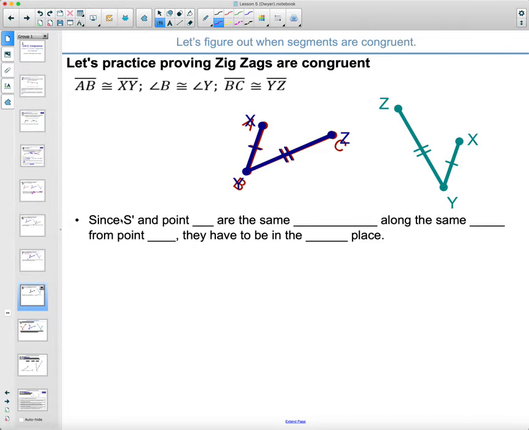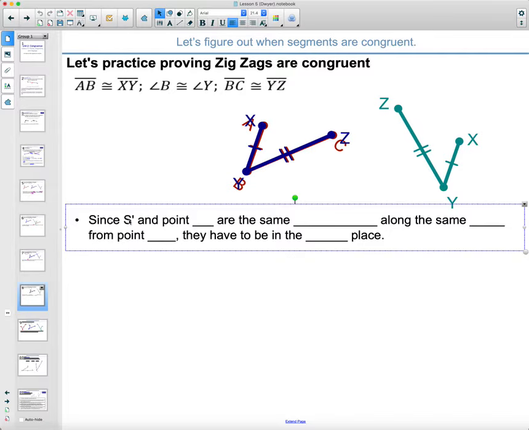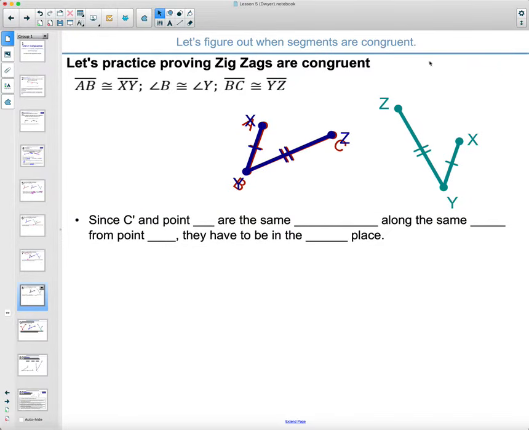So since C prime and point Z are the same distance along the same angle from point Y, they're the same distance.